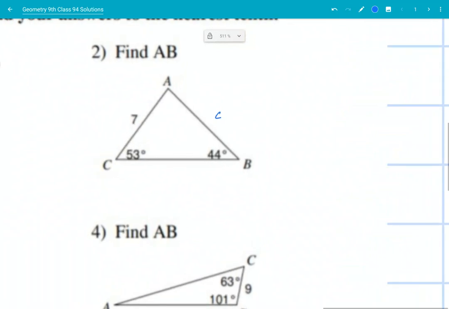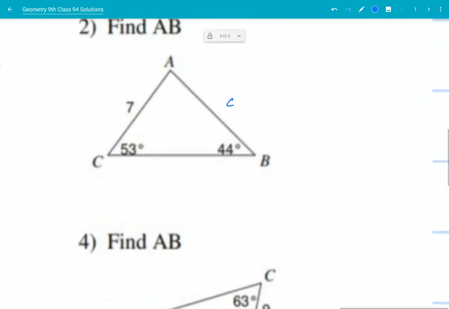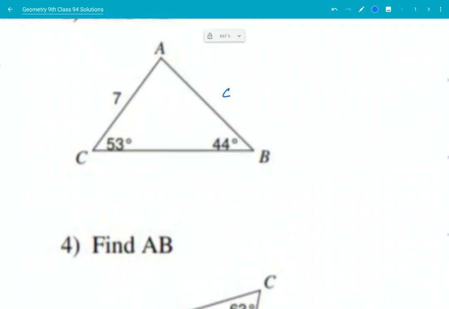Now we have angle, side, angle, side. So we actually don't even need to find angle A. It really would not help us because we're finding AB. Right, so let's do this. 7 over sine of 44 equals C over sine of 53.